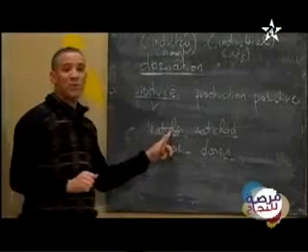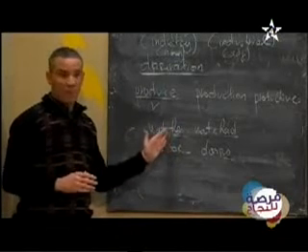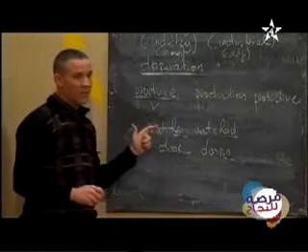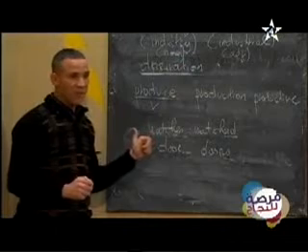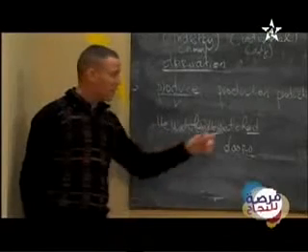For example, watches. Am I talking about present or past? Present. How do you know? Because I have ES. When I have this ending, it means I am talking about the present.